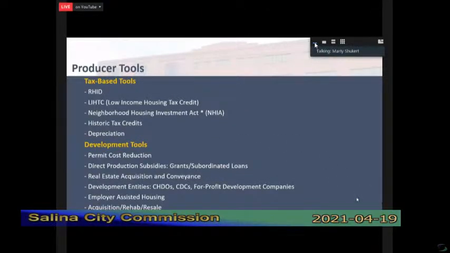Okay, so now comes a new program that doesn't exist yet, but it's really kind of based on LIHTC, and this is one that could potentially have, if it winds up becoming law, a lot of appeal on the ownership side for Salina. And this is called the Neighborhood Homes Investment Act.